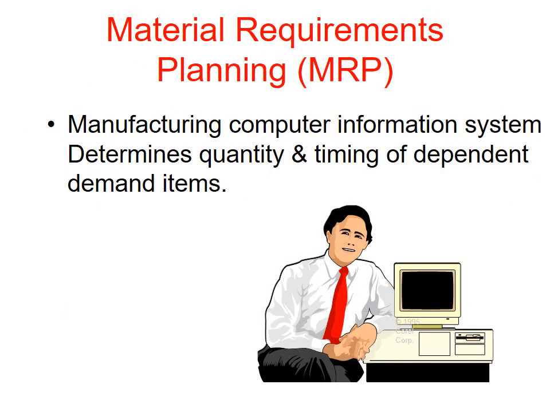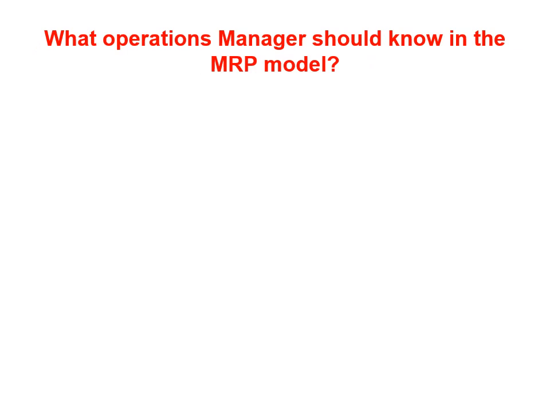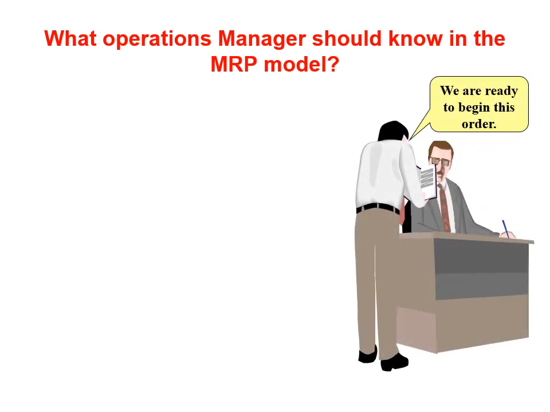Material Requirements Planning, MRP, is a manufacturing computer information system that determines the quantity and timing of demand for dependent items. What should the operation manager know in the material requirement planning model?